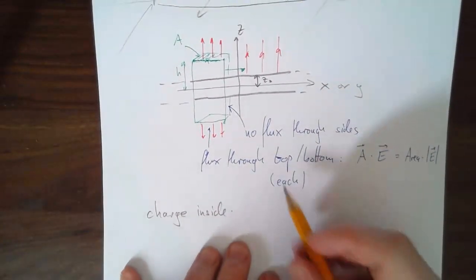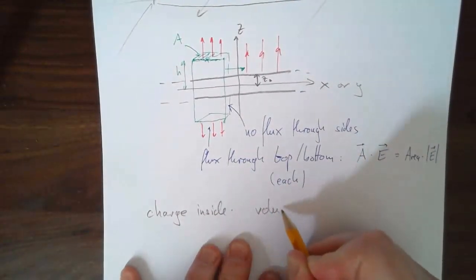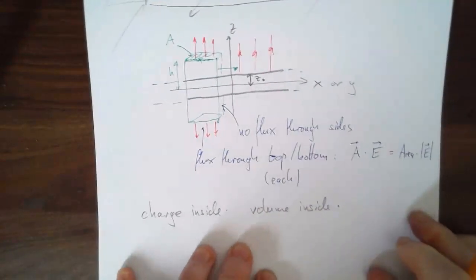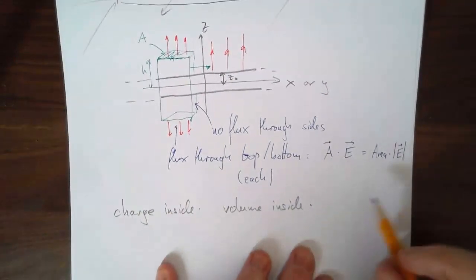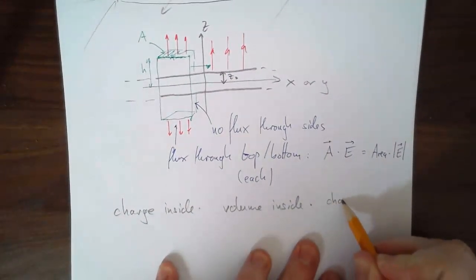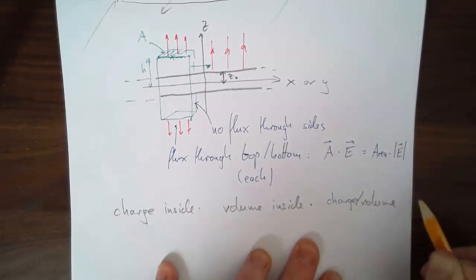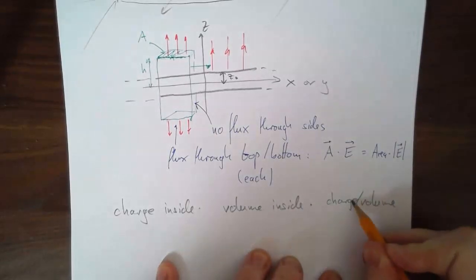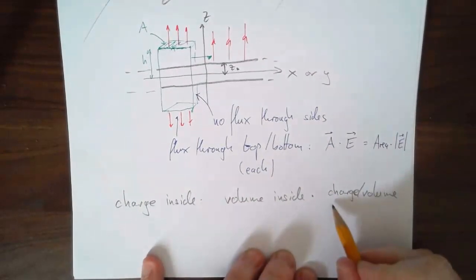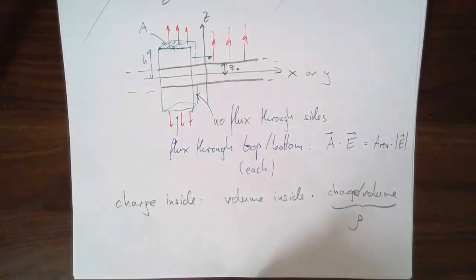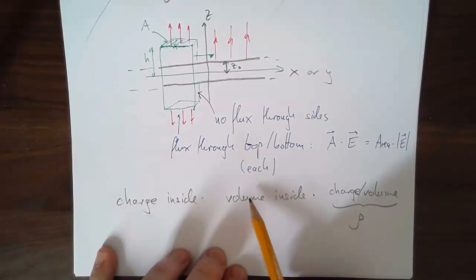Charge inside is the volume inside multiplied by how much charge is there per volume. Charge per volume, so this thing is the thing we called rho. This thing is the thing we have to figure out.